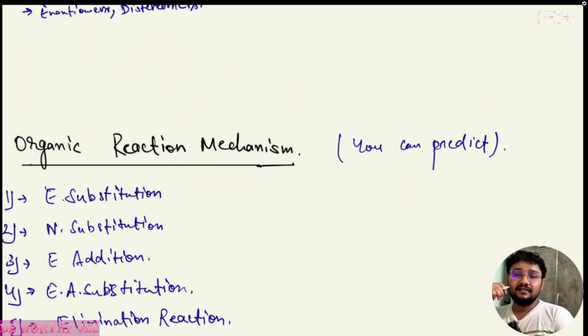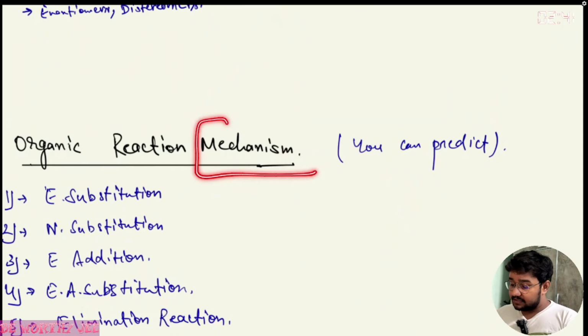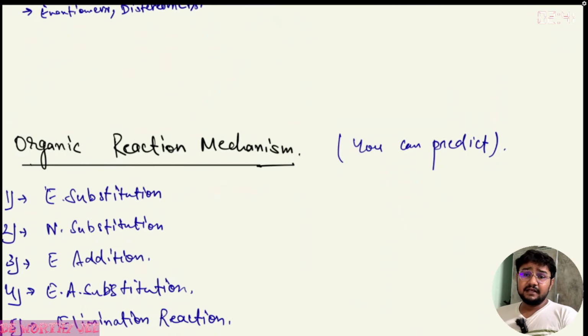So you get an easy benefit by studying this topic. What is that? You can understand the mechanism. If you understand the mechanism, you can easily predict the products made after two solvents, two solutes, or solute and solvent react with each other.